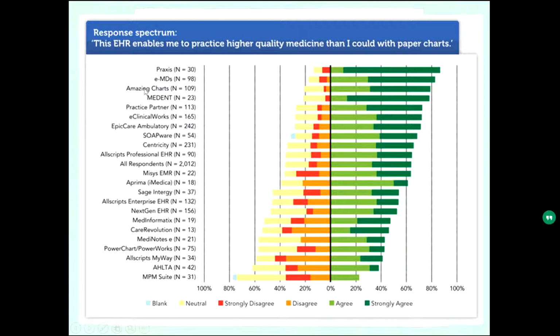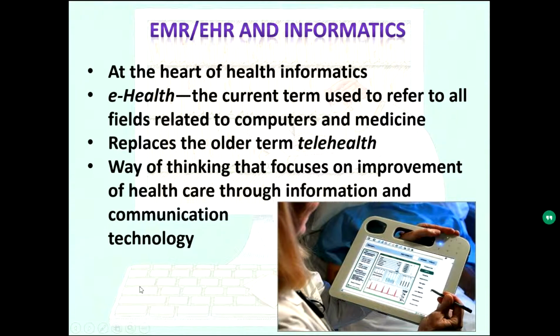One of the things, though, on this left side, these are just some of the EMR systems that exist. And if you notice, the dental ones are not on here. These are just medical ones in general, and these are just some of them. So we talked about informatics, and in healthcare, EMR and EHR systems are really at the heart of informatics.